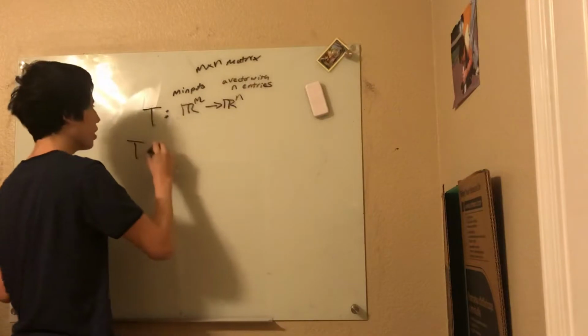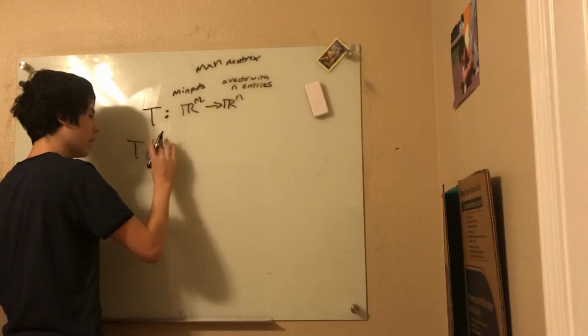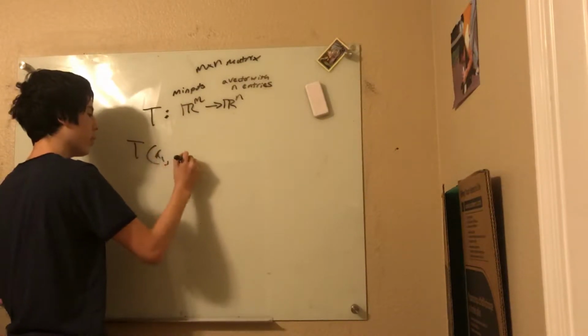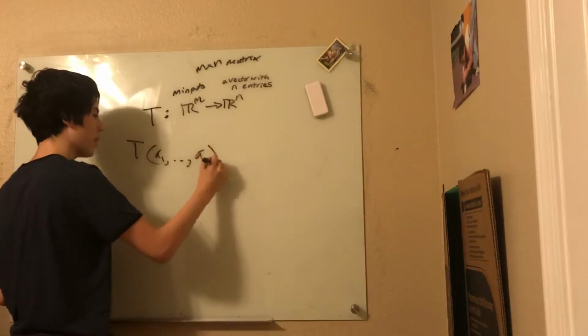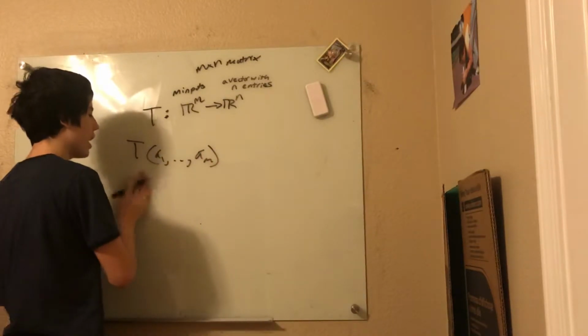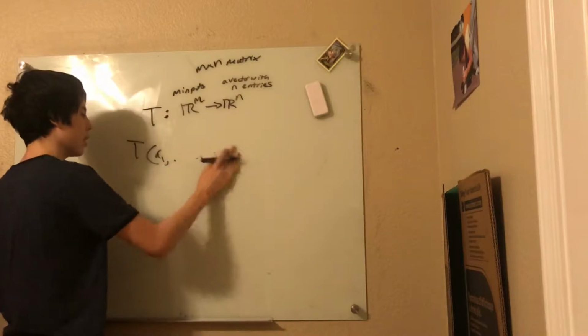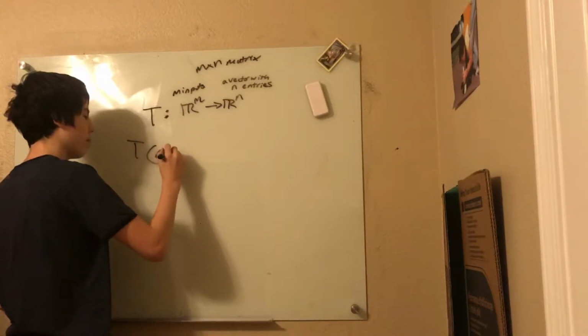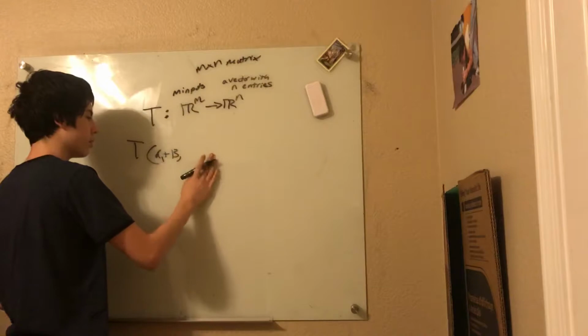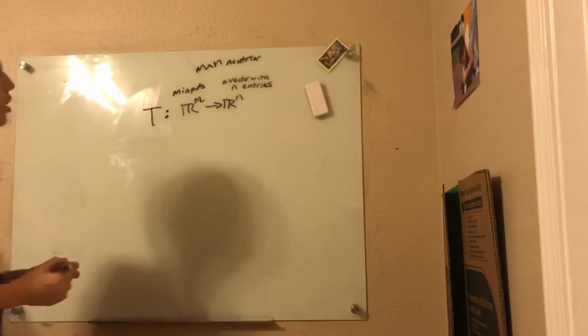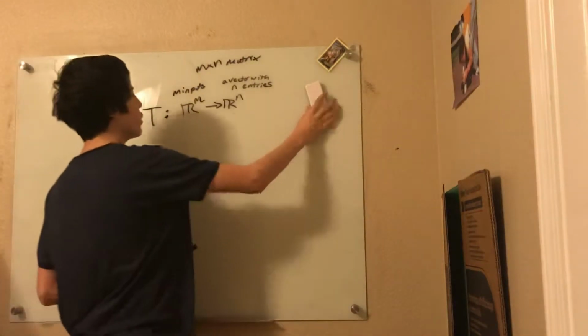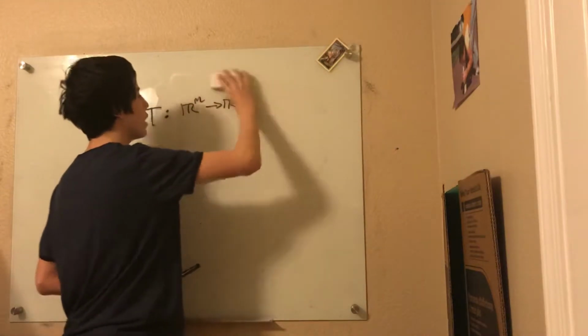So we can think of alpha 1 all the way to alpha m, right? This is too complicated. You could think of it as a linear transformation between two spaces.